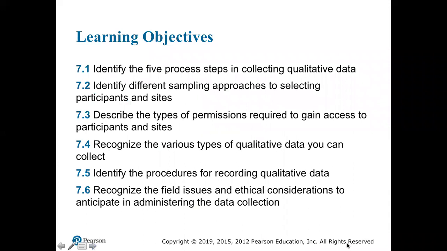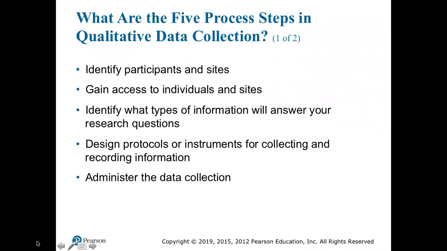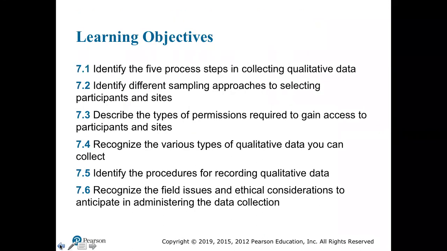So these are the learning objectives from 7.1 to 7.6. Identify the 5 process steps in collecting qualitative data. Identify different sampling approaches to selecting participants and sites.